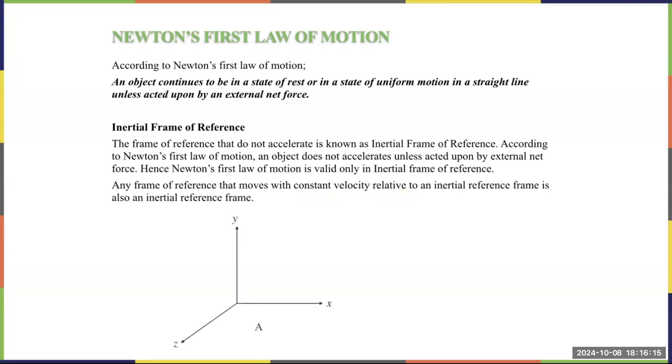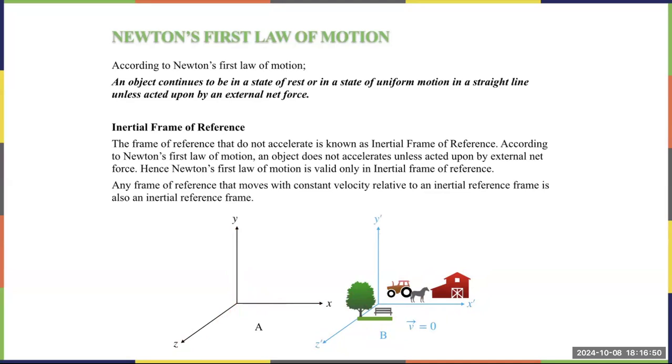So for an inertial frame of reference, the velocity should be constant. Okay? For example, I have these coordinates x, y, and z, which is, say, frame of reference A. So you are sitting in this one, and we have another frame of reference, right? So the coordinates, the trees, this house, and everything, are based on the second frame of reference B, where the velocity is 0. That means this frame of reference is at rest with respect to this frame of reference, so this frame of reference is also an inertial frame of reference.